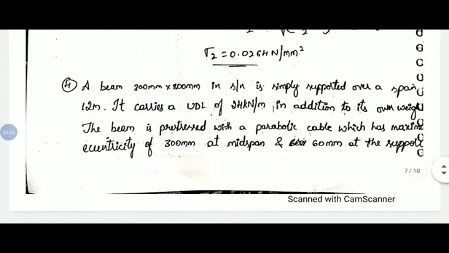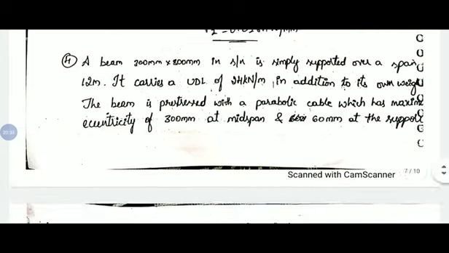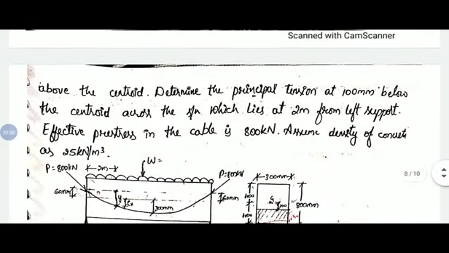Next problem. A beam 300 by 800 in cross section is simply supported over a span of 12 meter. It carries a UDL of 24 kilonewton per meter in addition to its own weight. The beam is pre-stressed with a parabolic cable which has maximum eccentricity of 300 mm at midspan and 60 mm at supports above the centroid.